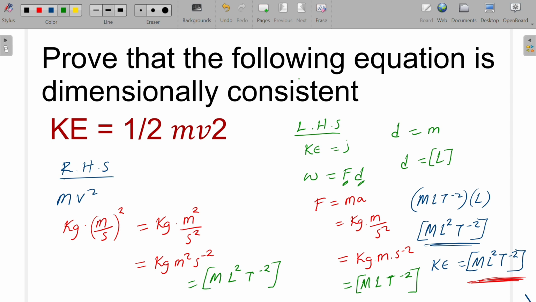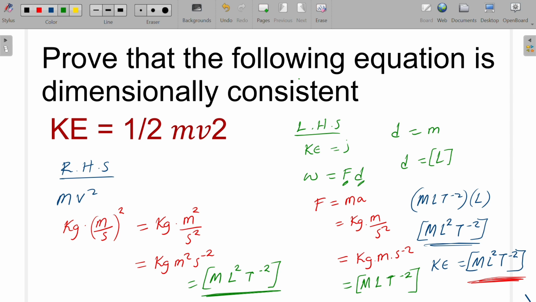So these are the dimensions we have on the right-hand side. Now we can see that what we have on the right-hand side is the same as what we have on the left-hand side. We have M L² T to minus 2. On the other side, we also have M L² T to minus 2. So it implies our formula is dimensionally correct.